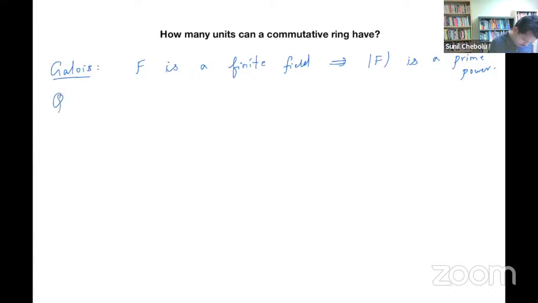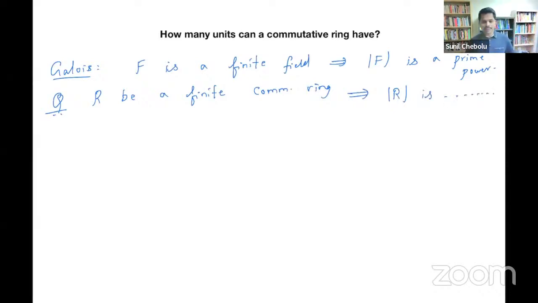So, question: let R be a finite commutative ring. For finite fields, you find in pretty much every textbook in abstract algebra that every finite field has cardinality a prime power, and moreover there is a unique finite field for any prime power with that cardinality. So what about finite commutative rings?